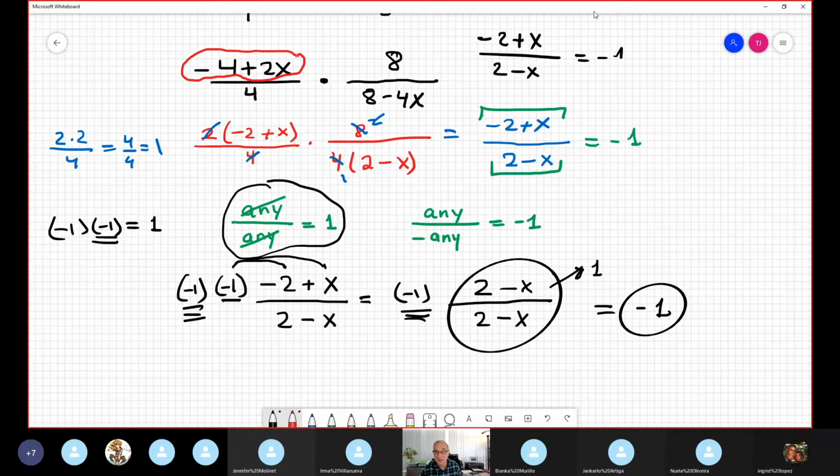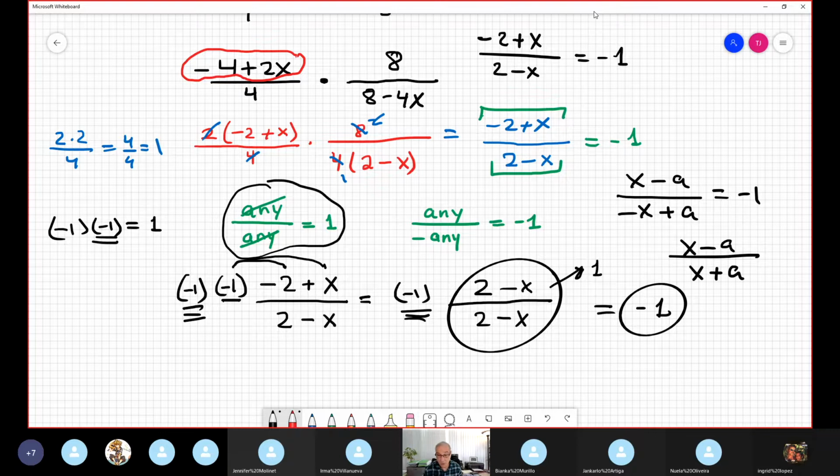Therefore, the answer is negative 1, because it's the same. If it's different, no. For example, you have x minus a and you have minus x plus a. This is positive, this is negative. This is negative, a negative one.